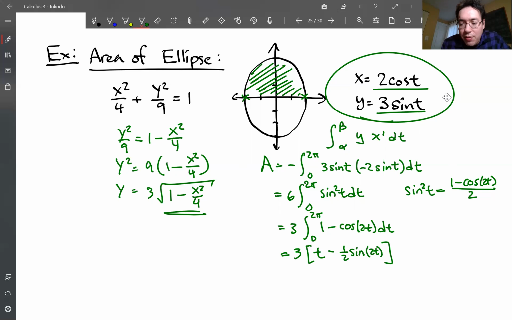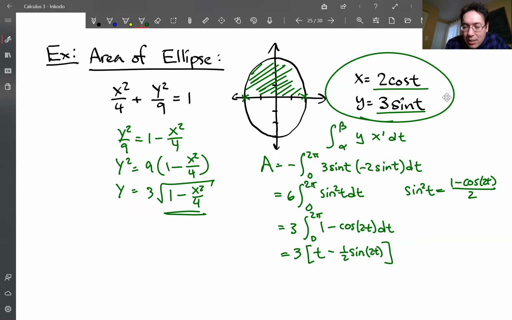So this is what I get for the antiderivative. And if that went too fast, I could double check it for you. The derivative of sine 2t is cosine of 2t. But then by chain rule, I have to multiply by the derivative of 2t, which is 2, which will cancel out with the 1/2. So that is the right antiderivative.